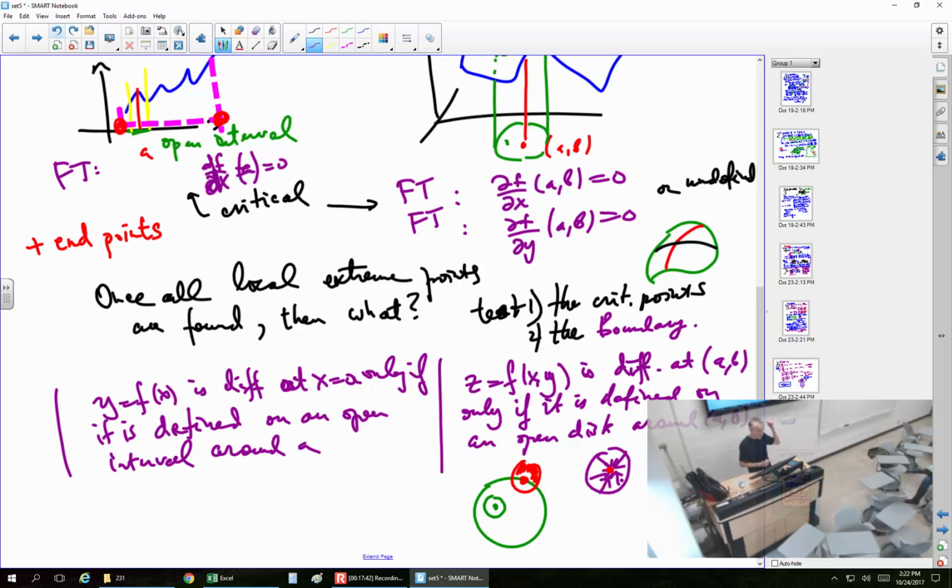Now, 2 points in the one-dimensional case to add to the list. You may have 100 critical points, and then add 2. So in the beginning, say P and Q, and then a bunch of critical points inside, and so the list becomes only longer by 2. How many points are there on the boundary?